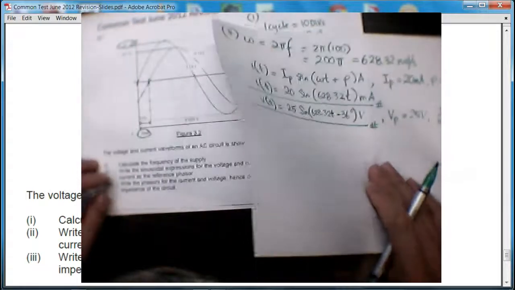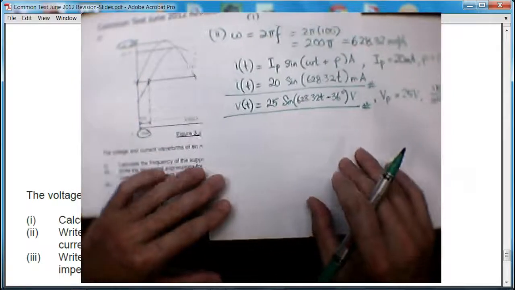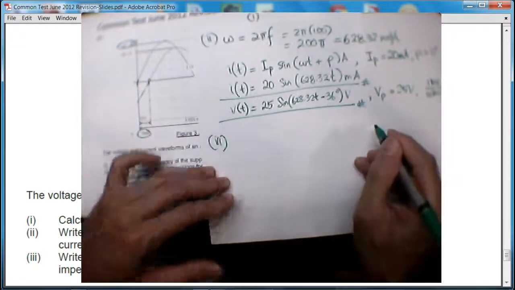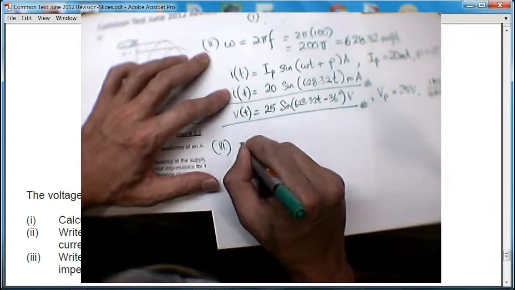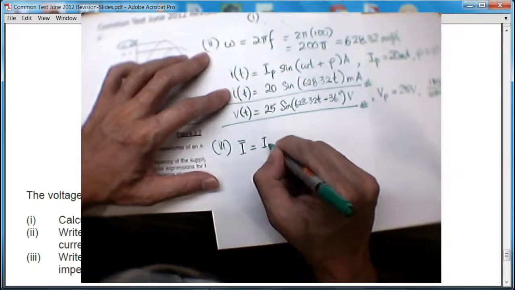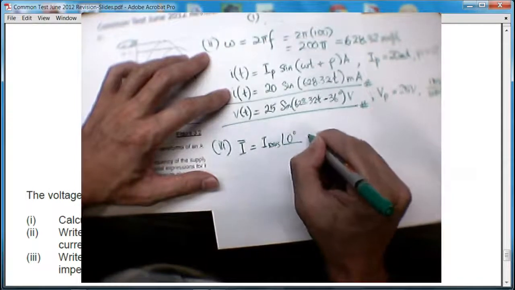Now, in order to go on to do the next part, I want to convert each one of these into the phasor equivalent. For example, the current I, I can write I is equal to I root mean square with the angle 0. So what is root mean square?